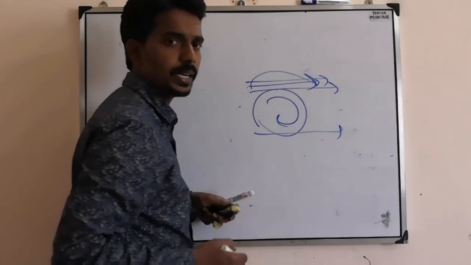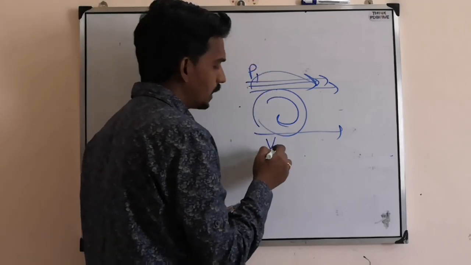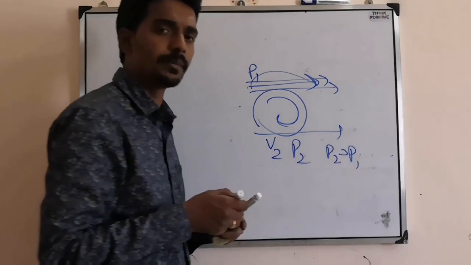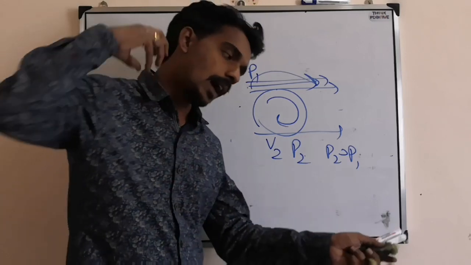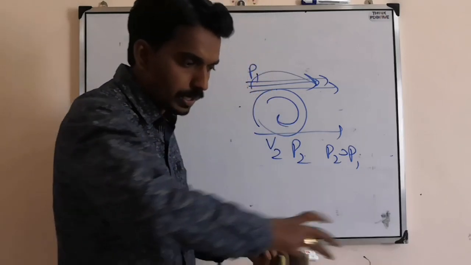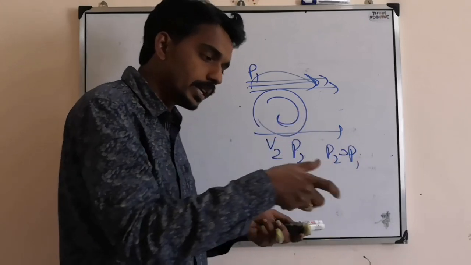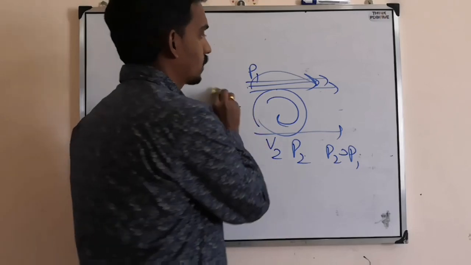So here speed will be higher, so pressure will be lesser. But here speed will be lesser, pressure will be higher. So due to that pressure difference, some force will act on the ball. That's why after hitting the surface, it will shift the path, like in swing or out swing, off spin or leg spin. That is called the Magnus effect.